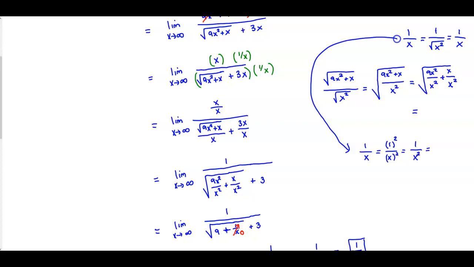And then we can also take the square root of the numerator and the denominator, which means you would end up getting 1 over the square root of x squared. So 1 over x is equal to 1 over the square root of x squared. So we can divide the radical by the square root of x squared, so we can eliminate the first term, and we end up with a constant.